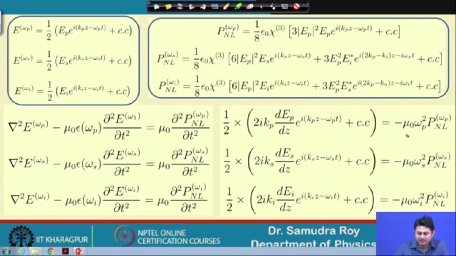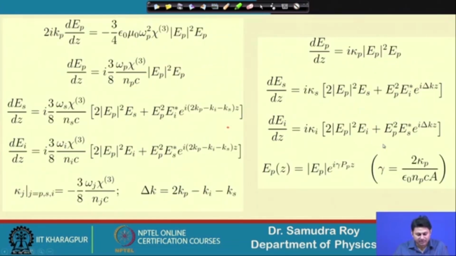So, now we just replace here whatever source term we have and generate the corresponding field equation. Let us try to find out what the field equation for the pump should be, because the pump has a source term which is of self phase modulation kind.